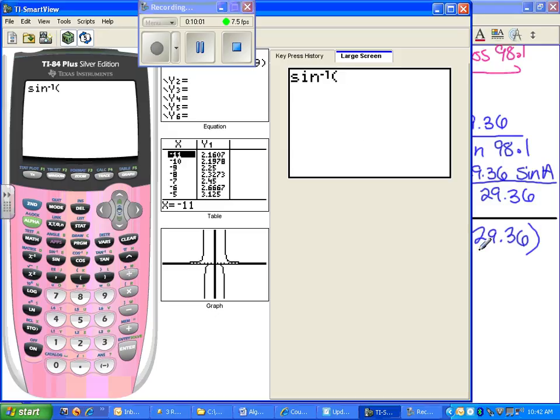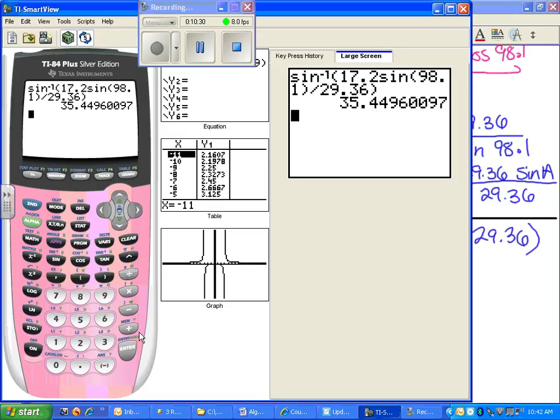And then what was it on the top? Sine 98.1 and 29.36. And then end parenthesis. And I'm going to double check because I didn't put the extra set of parentheses there.